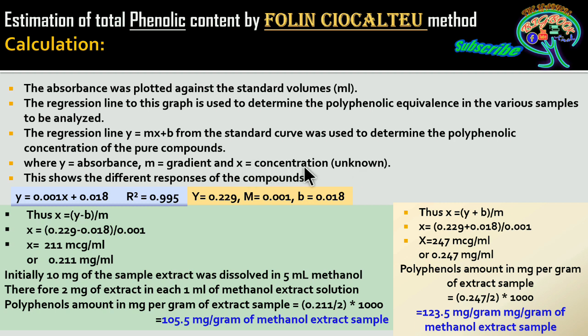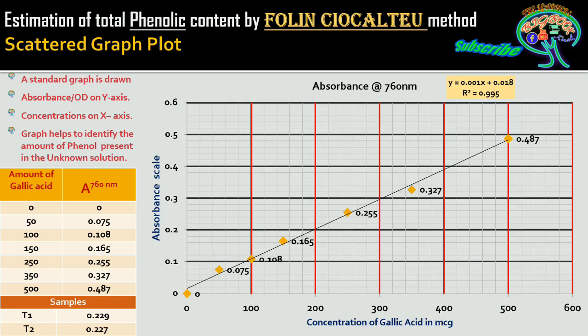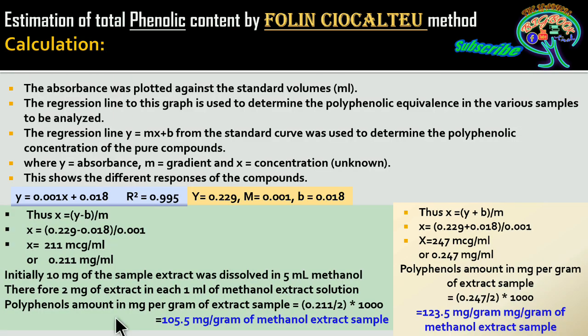We already have the value of y, the absorbance, that is 0.229. Further, the gradient m is equal to 0.001, and b is 0.018, corresponding to the formula.